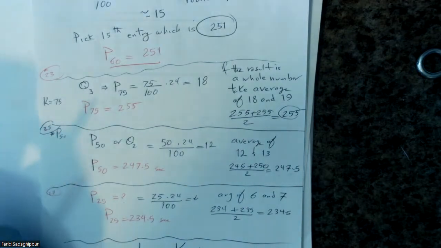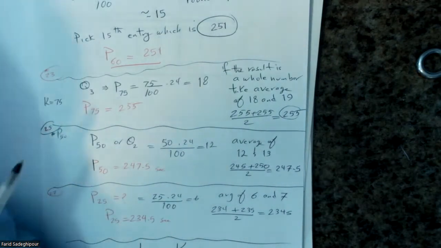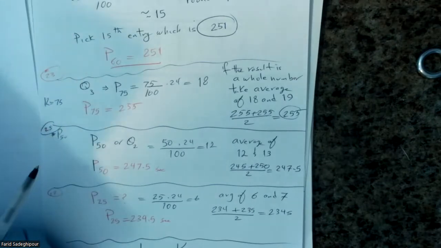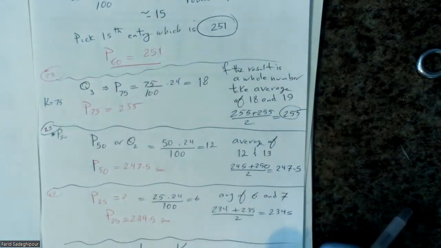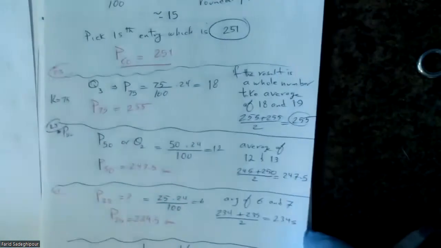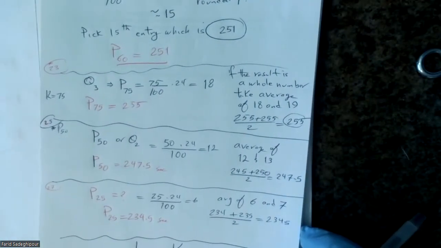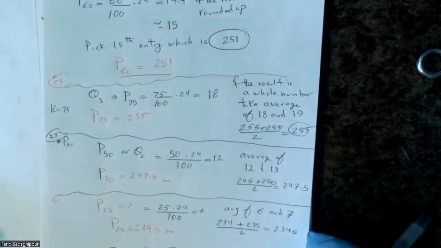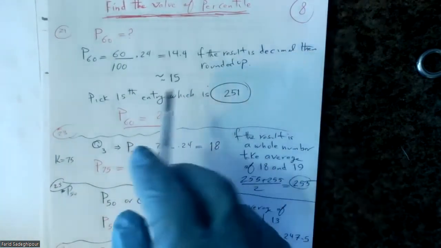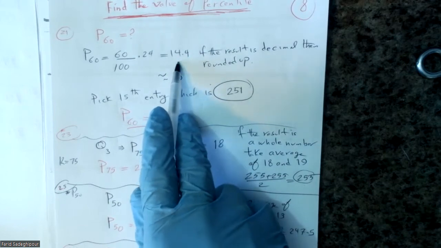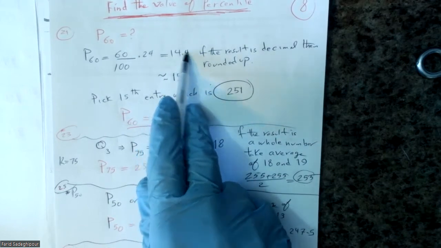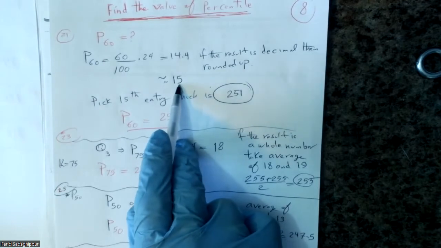But if it's a decimal, you get it rounded up. Like in this one, if the outcome is a decimal number, then you always round it up. So then you say 15.